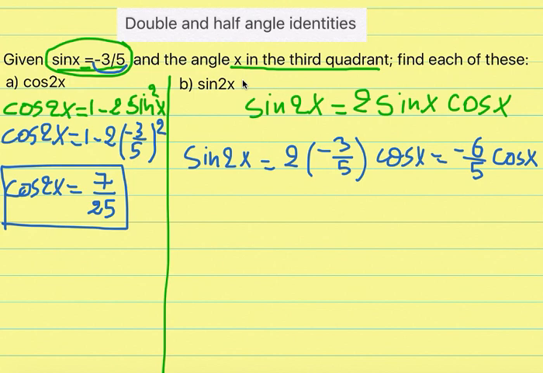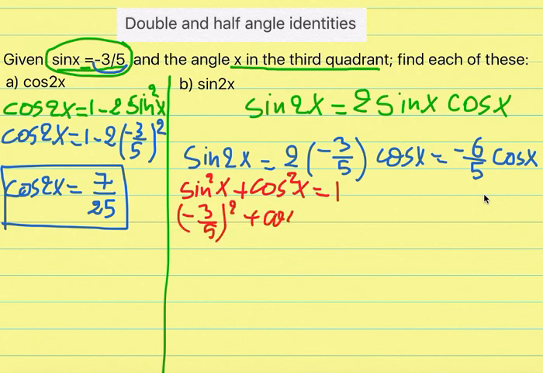For instance, we can use sine squared x plus cosine squared x equals 1, the Pythagorean identity, and substitute sine with the value given, minus 3 over 5. So you get minus 3 over 5 squared plus cosine squared x equals 1.